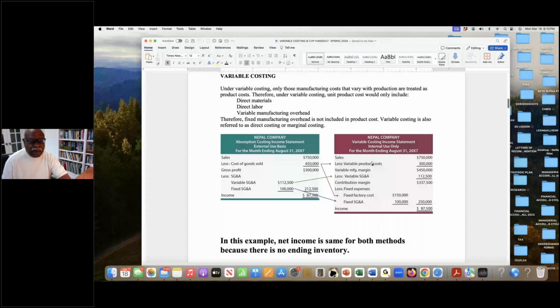The direct labor was variable 300. The variable manufacturing overhead was 100. The fixed manufacturing overhead was 400. The variable selling was 80. The fixed selling was 20. The variable administrative 20. The fixed administrative 80. So this is just a comprehensive example.